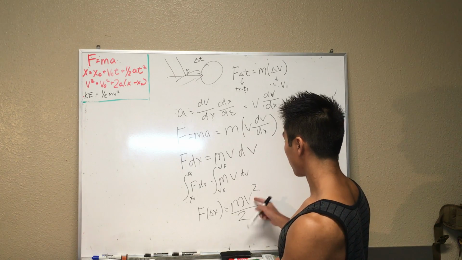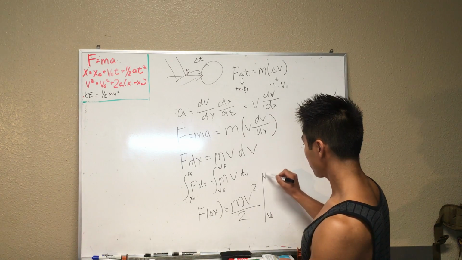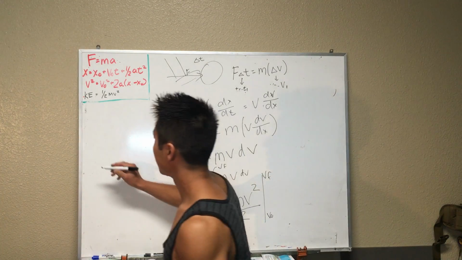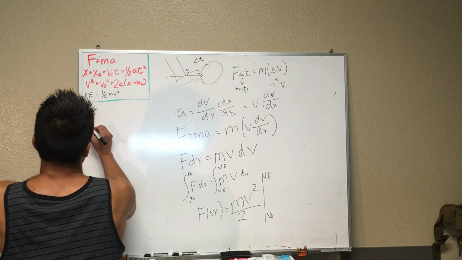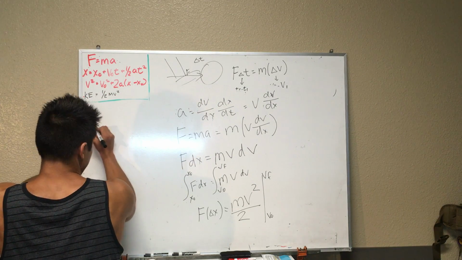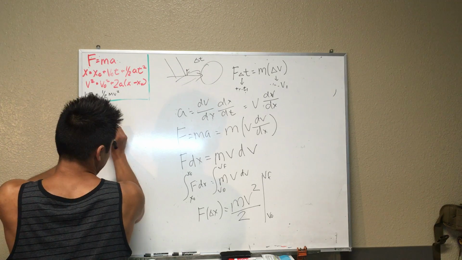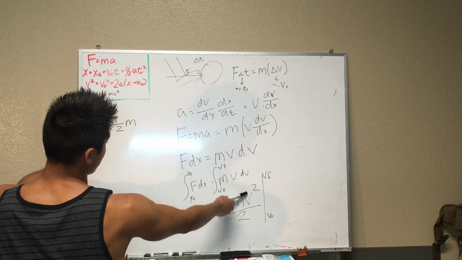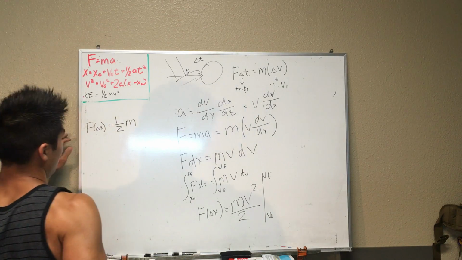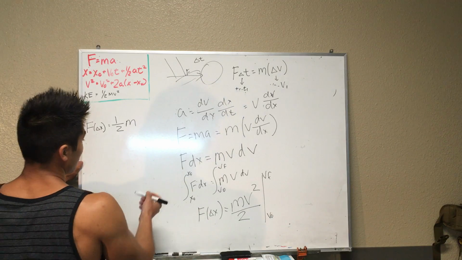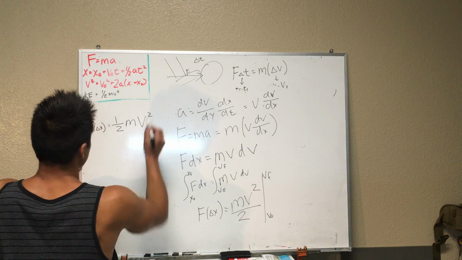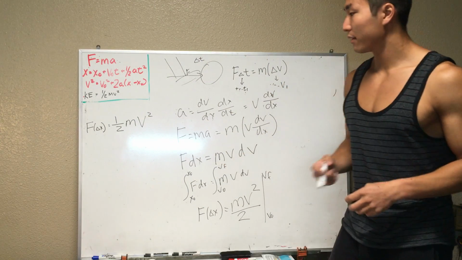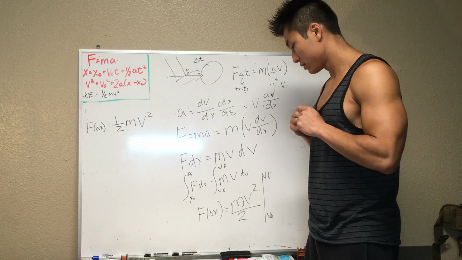And basically, finally, when we make it a little bit cleaner, we have our kinetic energy, or work, if you want to say, is 1/2 m, and usually we start from 0, so we could even just call it v squared. So that's where we get our kinetic energy formula, 1/2 mv squared.